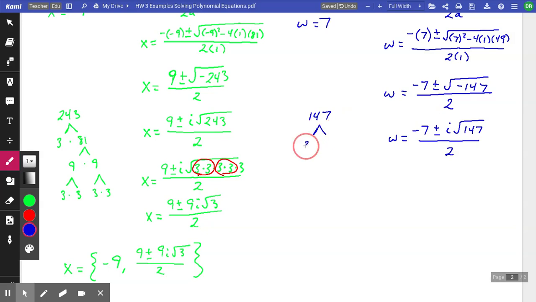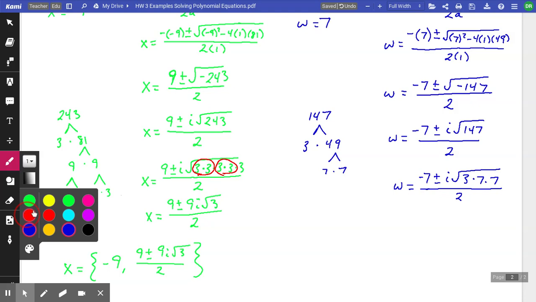And 147 is 3 times 49, and we know 49 is 7 times 7. And so 147 breaks down to 3 factors, 3 times 7 times 7, and we get w equals negative 7 plus or minus imaginary square root of 3 times 7 times 7 all over 2.